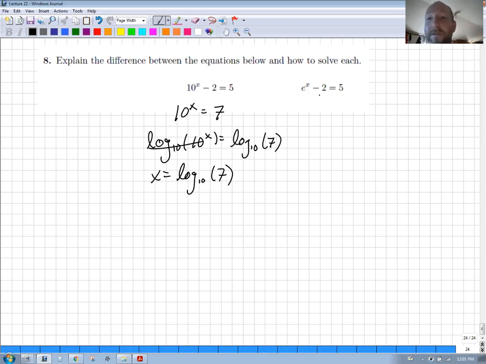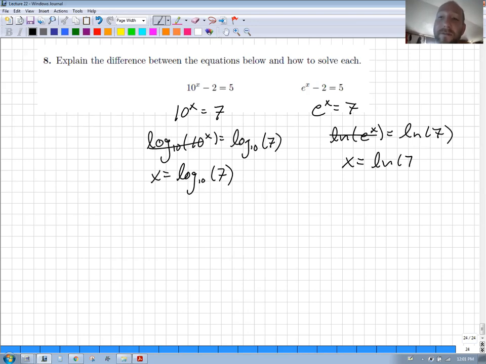All right, this guy over here, e to the x, add 2 to both sides. We take natural log. Those undo one another, so x is the natural log of 7, or log base e of 7. All right, those would not be equal.